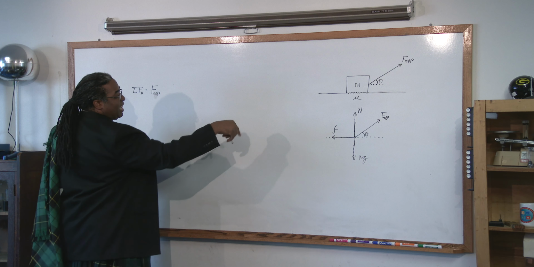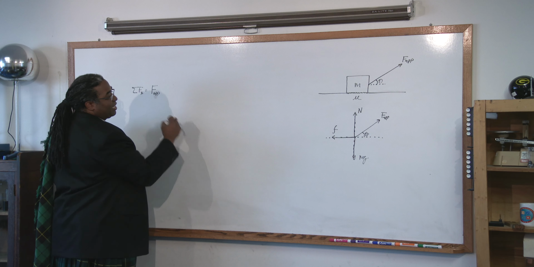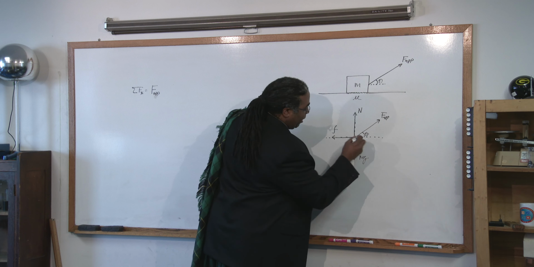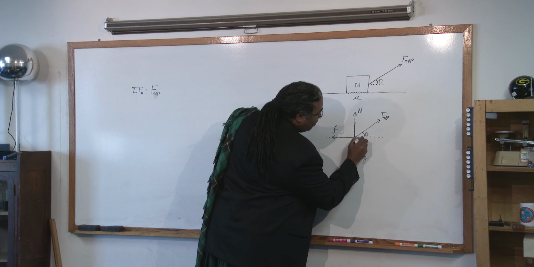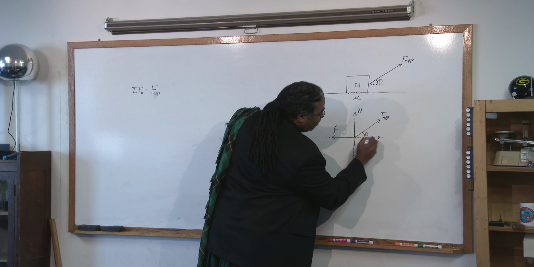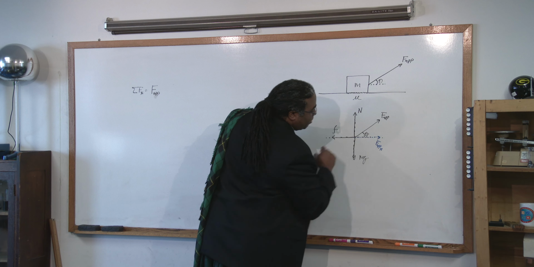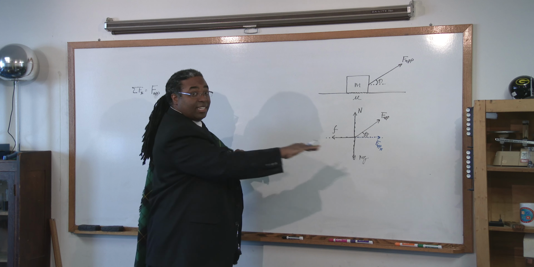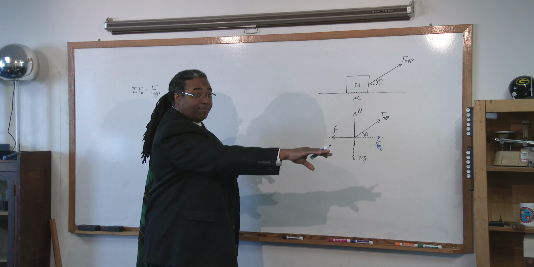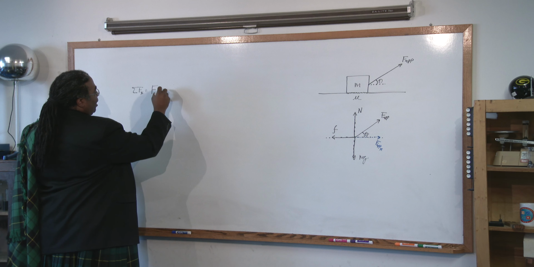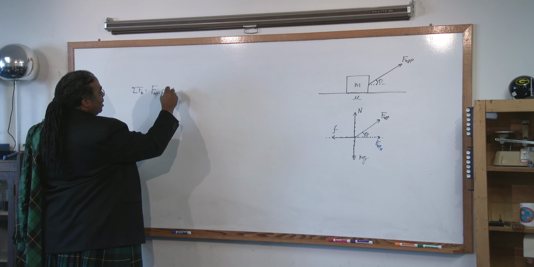However, since it has a component, we realize that the X component of that force, which I'll highlight for you right here, that would be F applied sub X, meaning the part of the force that's moving to the right. So to resolve that, you would multiply it times cosine theta.